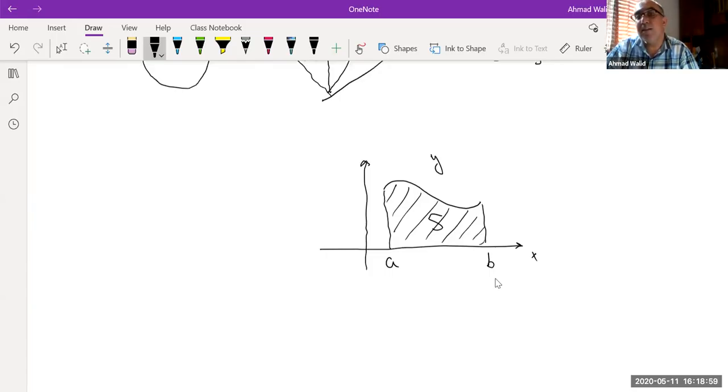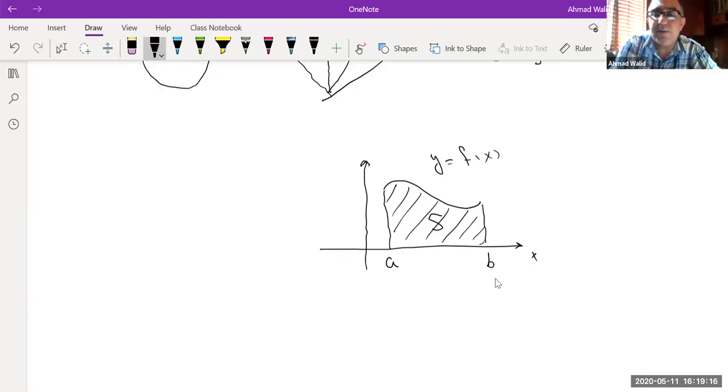It means I have a continuous function y equals f of x, whatever that curve is. If I ask you to find the area under this curve, it's not as easy as what you learned in algebra, correct?